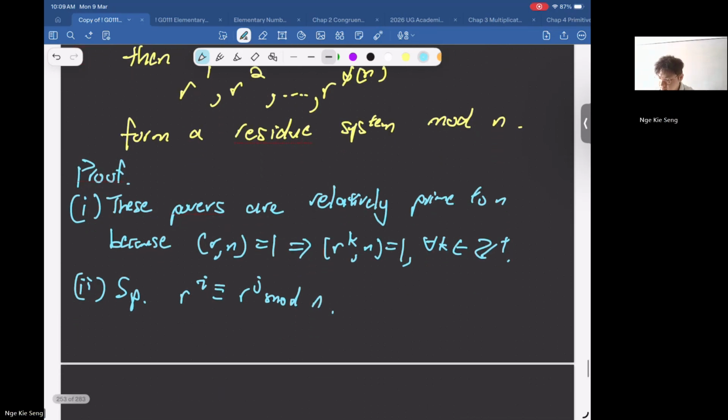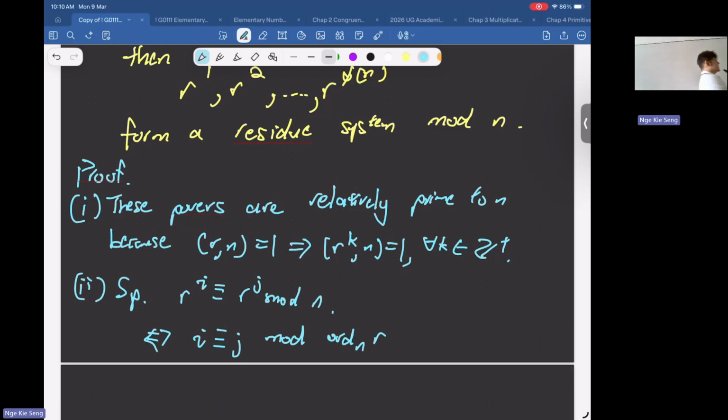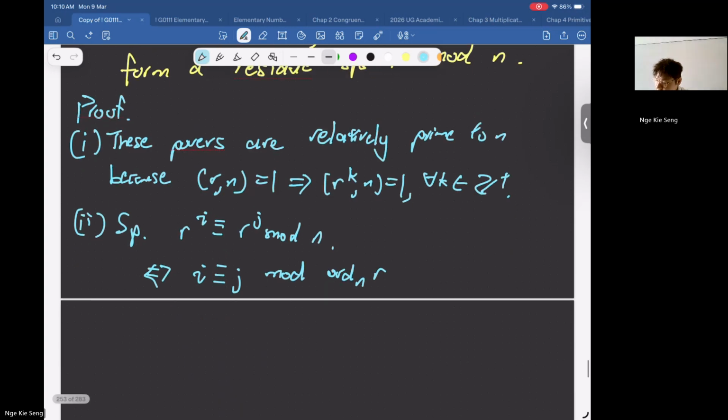Then this is equivalent to saying that the powers are the same up to modulo the order of r. Then you just need to check whether their powers are the same up to the order of r. But since r is a primitive root, this number is actually phi n.